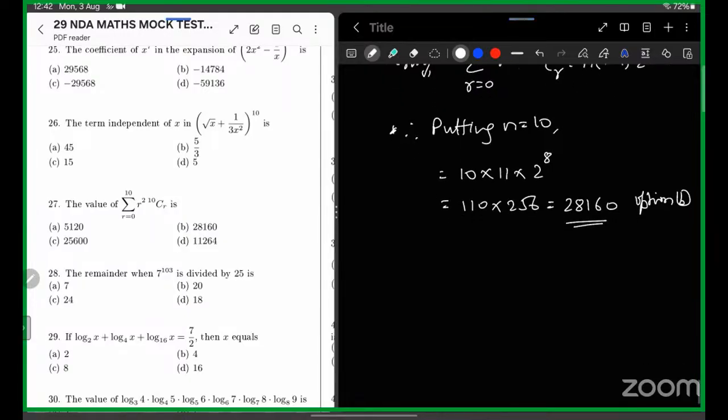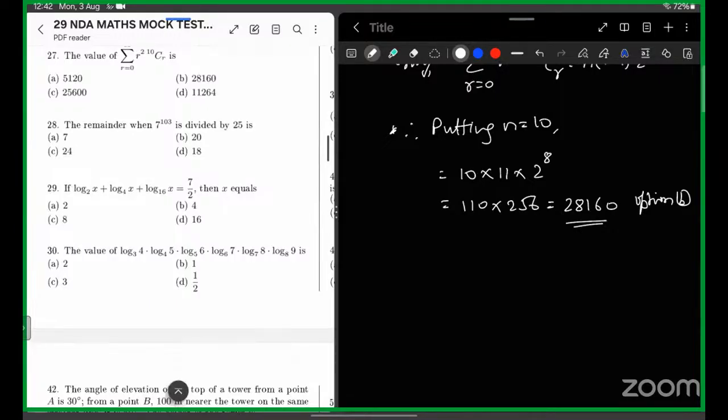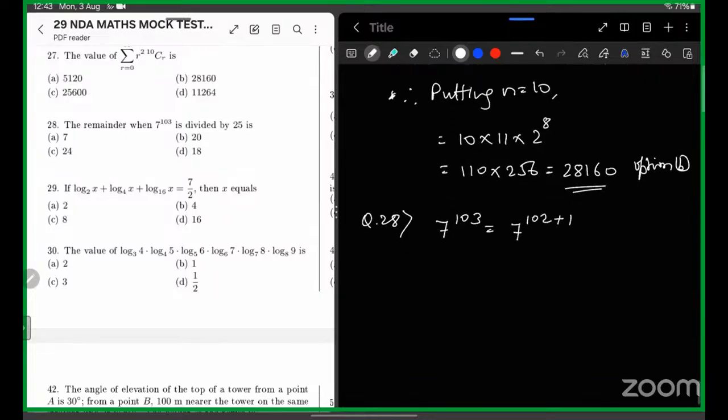Next, 28. The remainder when 7 raised to power 103 is divided by 25 will be what? See, 7 raised to power 103 can be written as 7 to the power 102 plus 1, like this.